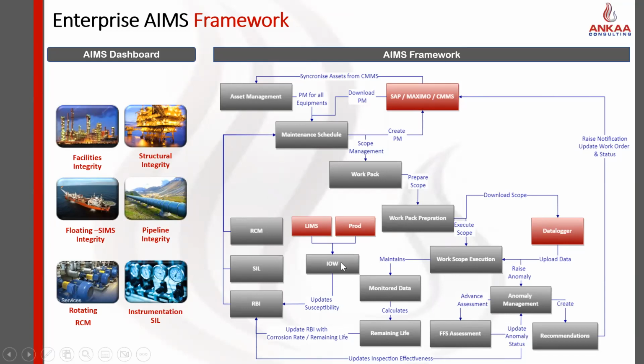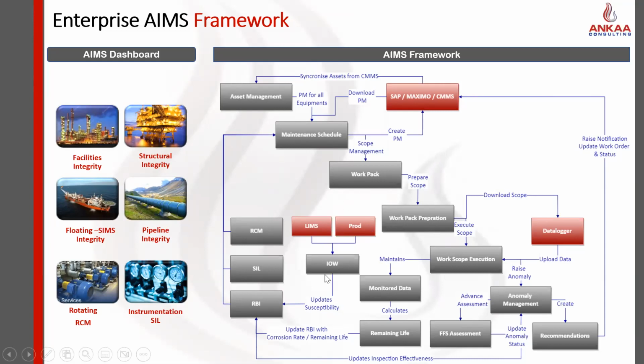And as I said, if the defects are significant, and if FFS has told you that you need to derate the system, you need to be managing your integrity operating window. You set your new operating conditions for your asset and manage it. And here you're putting data with the interface. These red boxes are the enterprise systems. Here you've got the PI or Exaquantum system where you're getting the production data, and the LIMS system.